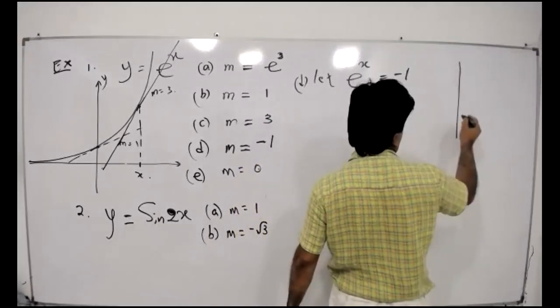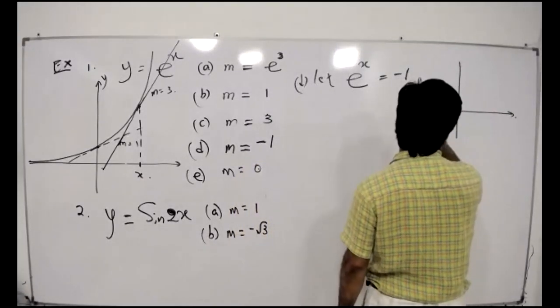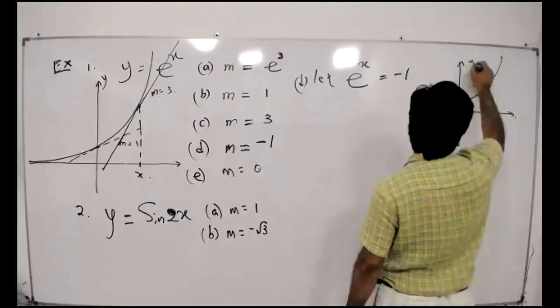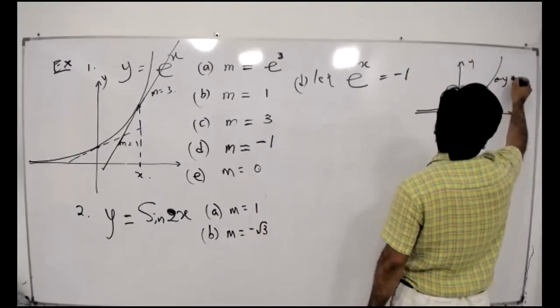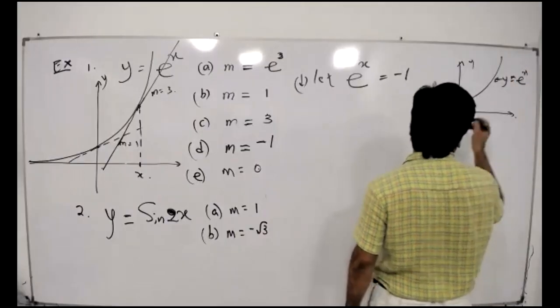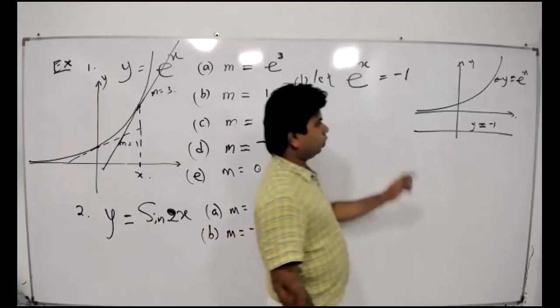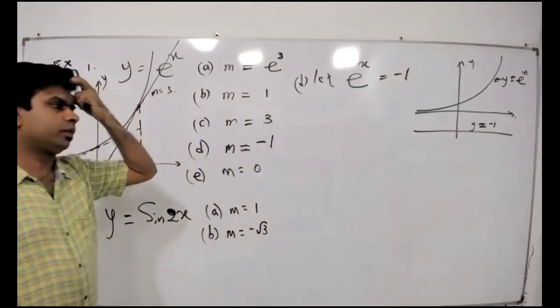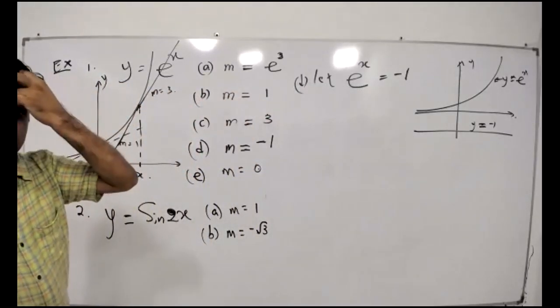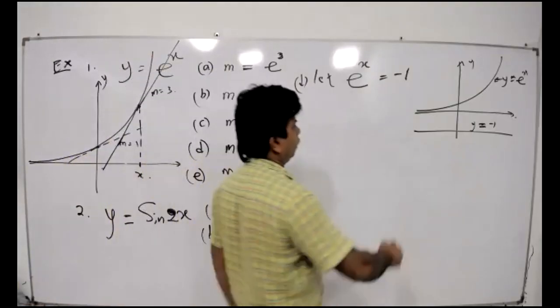Actually, you can understand further graphically. The e^x graph is like this. This is y equals e to the power x, and this is y equals -1. The two graphs are not equal for any real value of x. Now, this is for your knowledge.